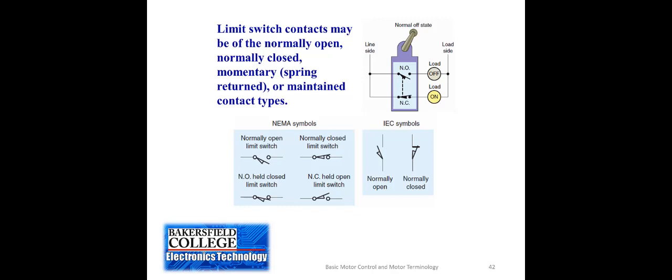But there are other times when, under normal circumstances, the limit switch is activated, and then the abnormal operation then deactivates the limit switch. So when you see the normally open held closed limit switch, that means that they used a normally open limit switch, but the way it was mounted under normal circumstances, it's actually held closed.